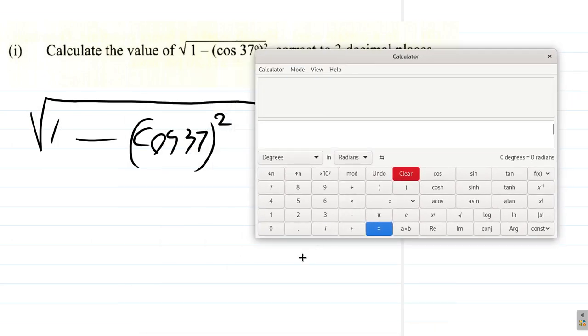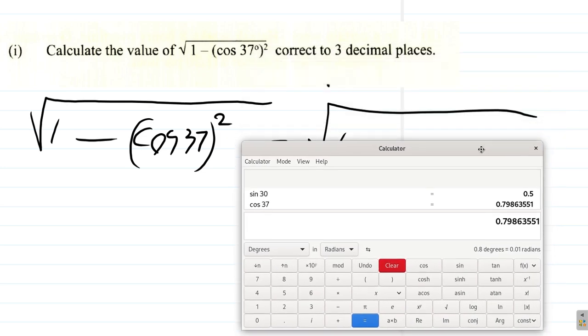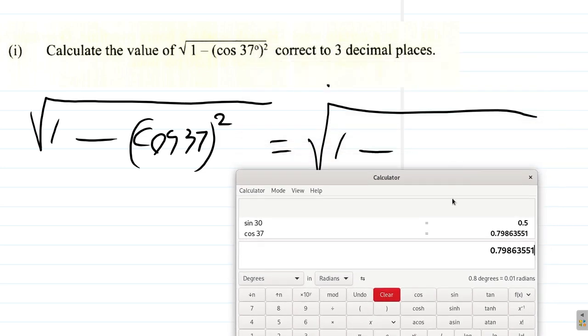Now if you're not entirely sure, just remember that the sine of 30 in degrees is supposed to be half. If you get something else, then it's not in degree mode, alright? So we say cosine of 37 degrees equals 0.798.